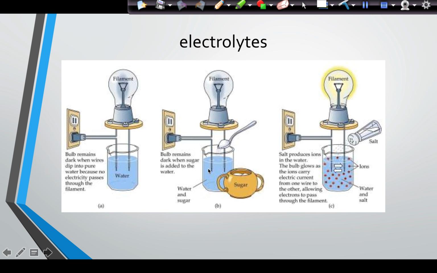Sugar water will not conduct electricity, but salt water will, and salt water will conduct electricity because the salt dissolves and makes ions that can move. Those ions are able to carry the charge and conduct the electricity to light the light bulb. Anything that is soluble on Table F will be able to do this.